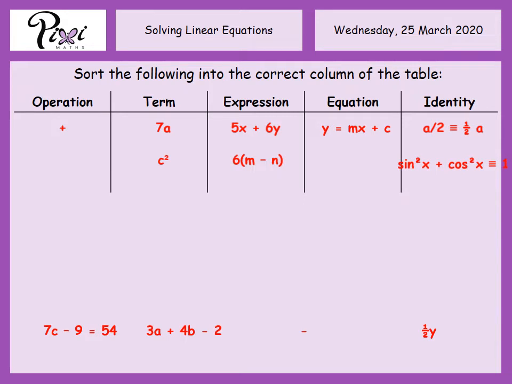Sine squared x plus cosine squared x equals 1. This statement is always true. 7c minus 9 equals 54. This is an equation. 3a plus 4b minus 2. This is an expression. Minus is an operation. Half y is a term.